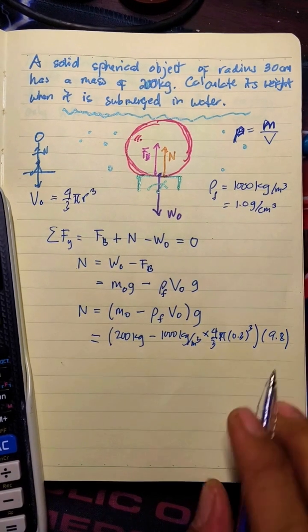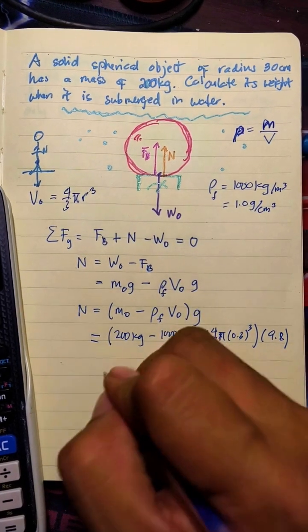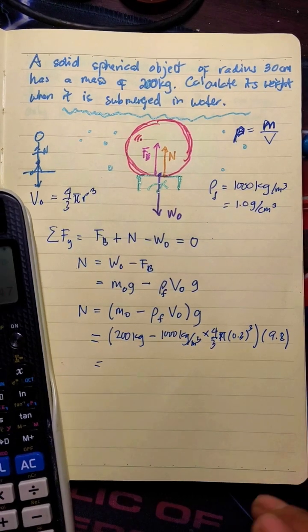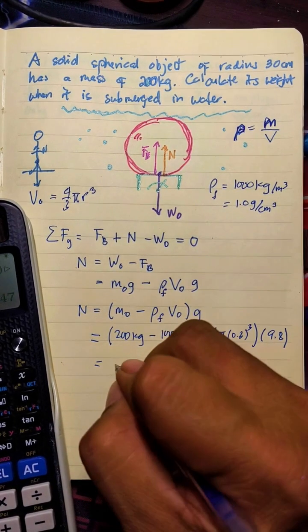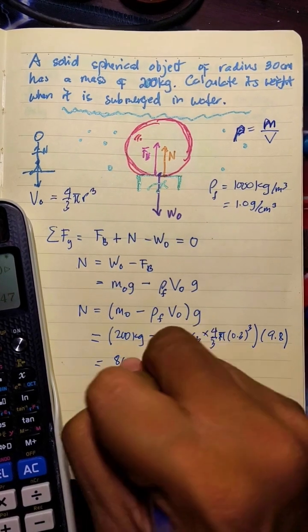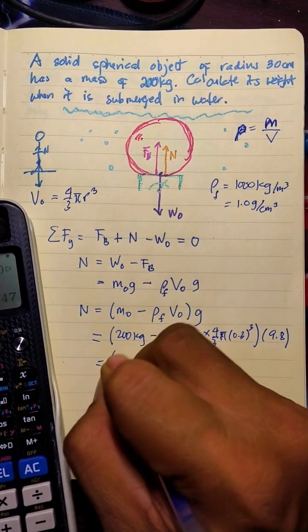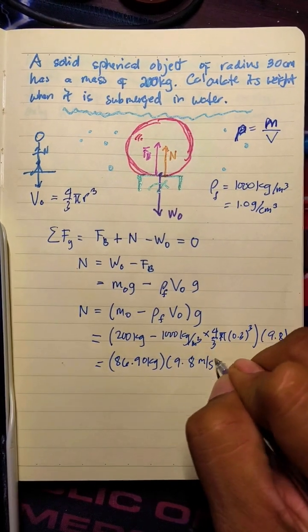So our unit now will be in newtons, because this will be kilogram and this is meters per second squared. Okay, so this whole thing is 86.90 kilograms times 9.8 meters per second squared.